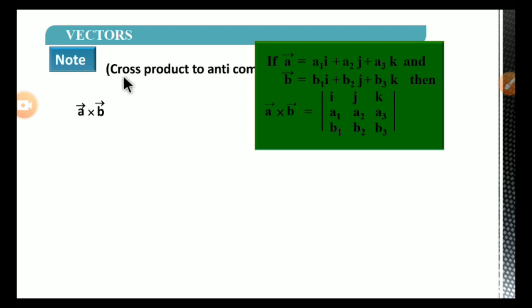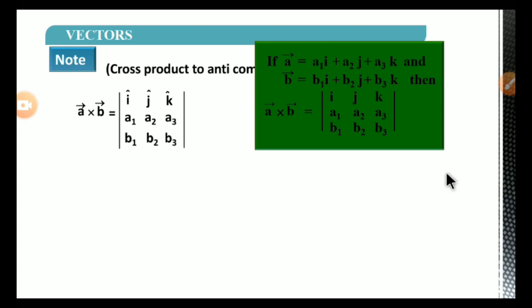Now we have to discuss the anti-commutative property of cross product. A cross B can be written as the determinant with i, j, k in the first row, A1, A2, A3 in the second row, and B1, B2, B3 in the third row.